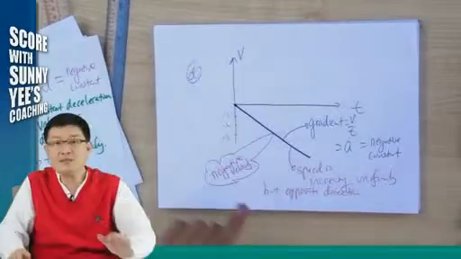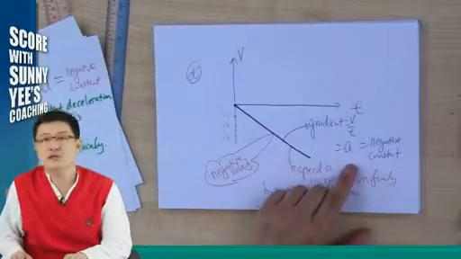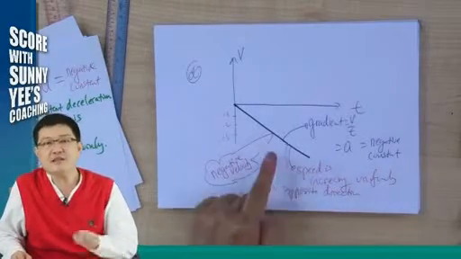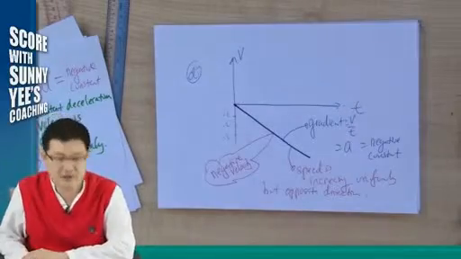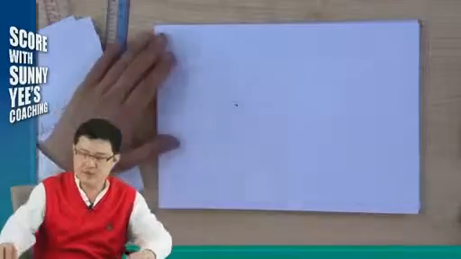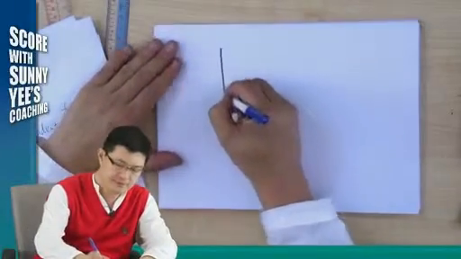So when it's in the opposite direction, this is not deceleration. It is still acceleration. It is a negative acceleration, but in the opposite direction. Can you follow?